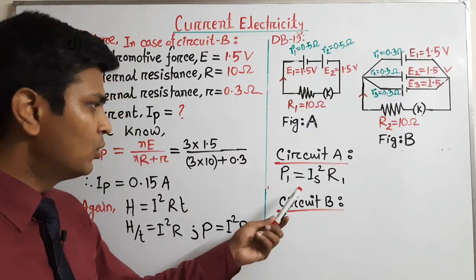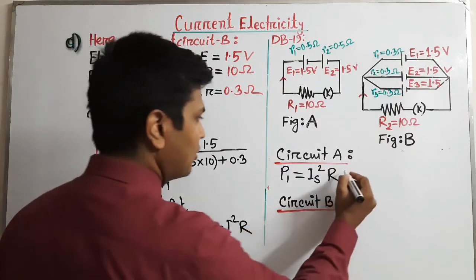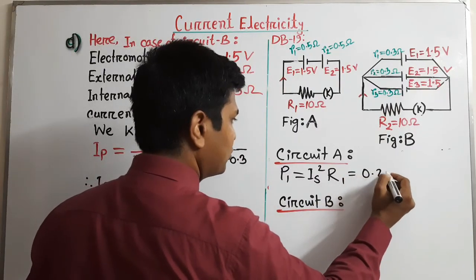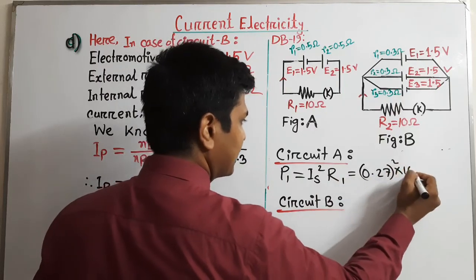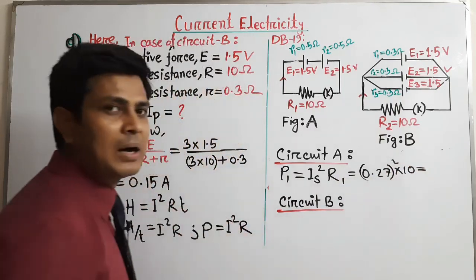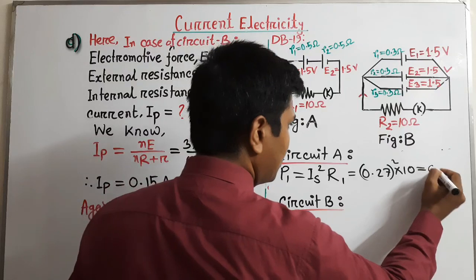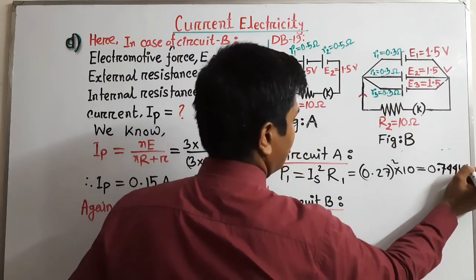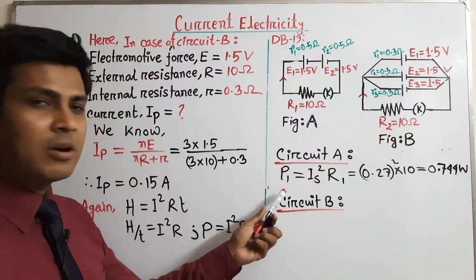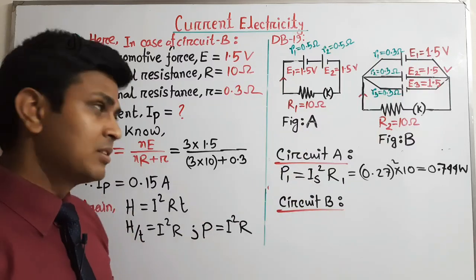Now if you put the value of Is, which we already calculated as 0.27 square, and R is here 10. So after calculation we will get the power 0.744 watt. So this is the power of the first external resistance.